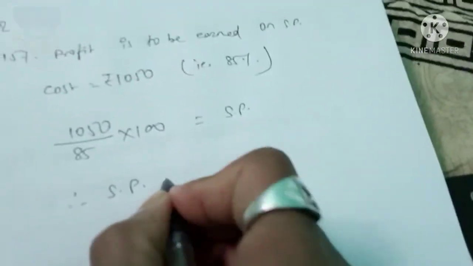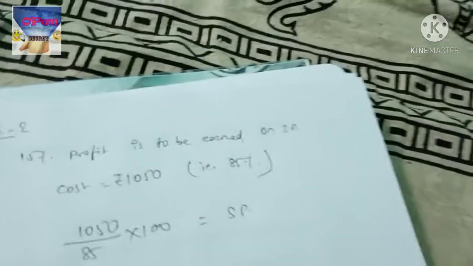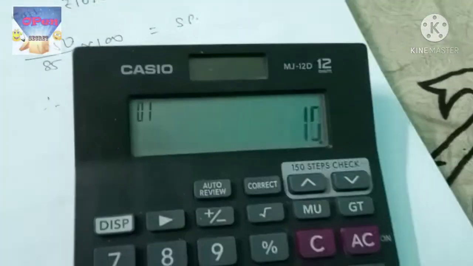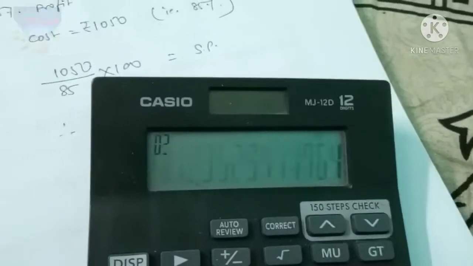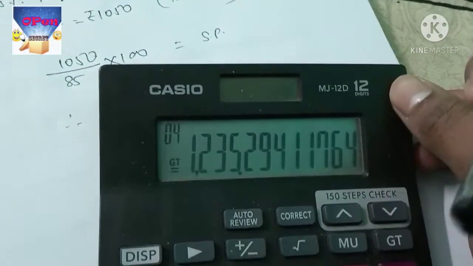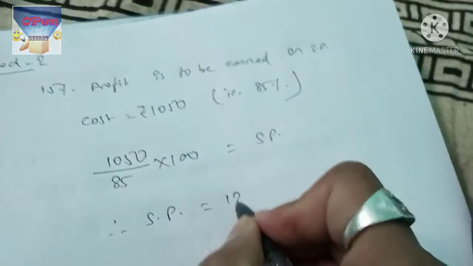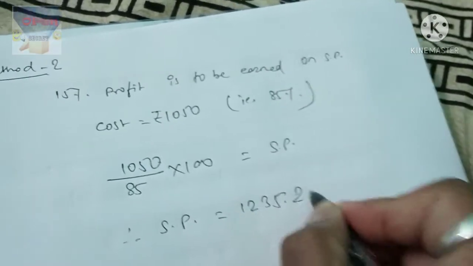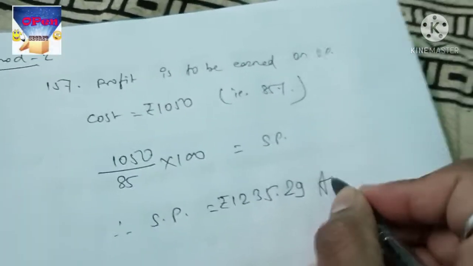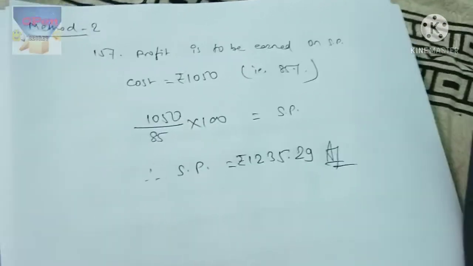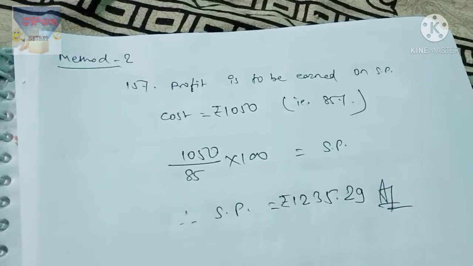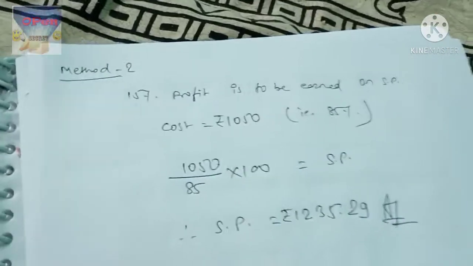Therefore selling price is equal to 1050 divided by 85 into 100, 1235.29. 1235.29 is the answer. And one of the simplest, quickest and easiest methods is using the calculator markup function.